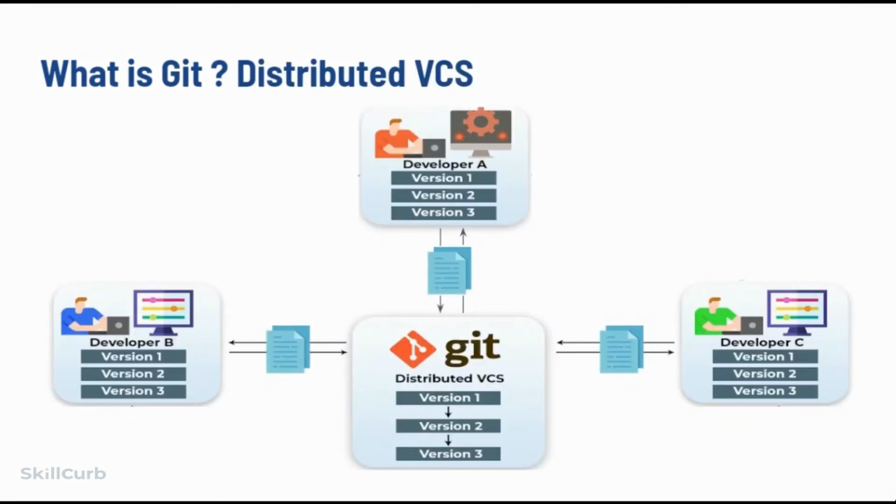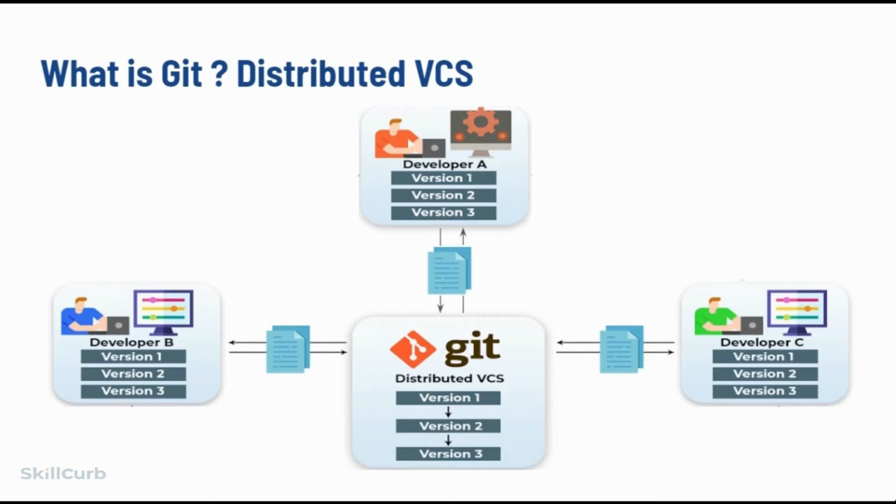In a distributed version control system, Git focuses on enabling the sharing of the source code across all team members. Like here, the three developers A, B, and C who are working together on a software package must be able to share their files so that it is ensured that they are always working on updated code.